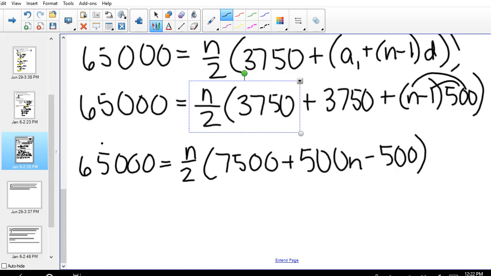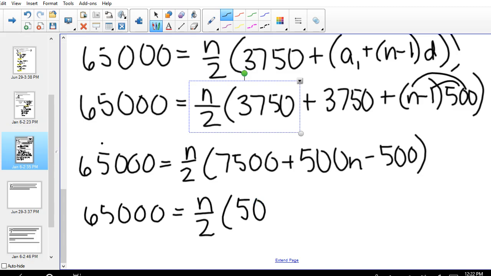So I could put the 7,500 and the negative 500 together, so 65,000 equals n over 2 times 500n plus 7,000.